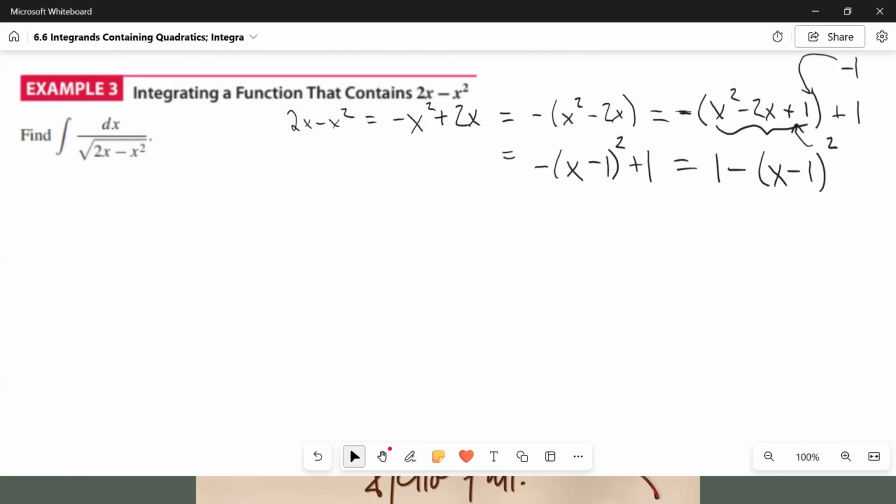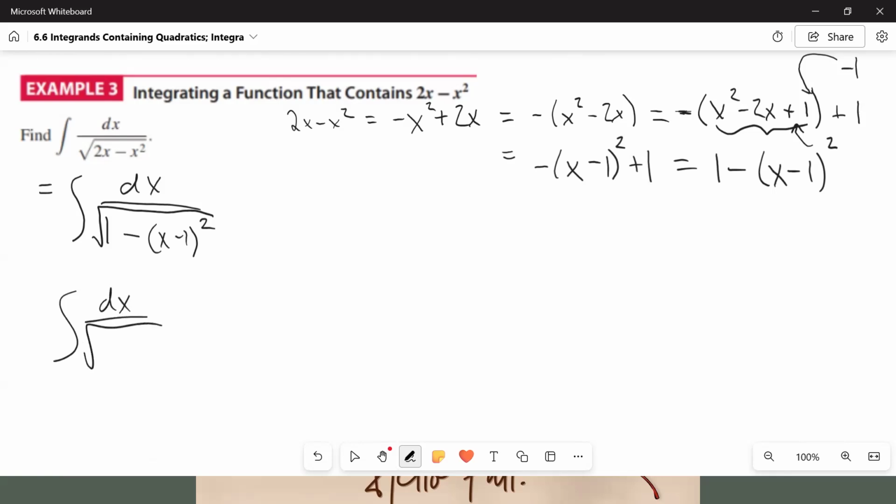Okay, so we could rewrite this integral as dx over square root of 1 minus x minus 1 squared. Now this looks a lot like sine inverse, very similar, where you have the integral of dx over square root 1 minus x squared equals sine inverse x plus c.